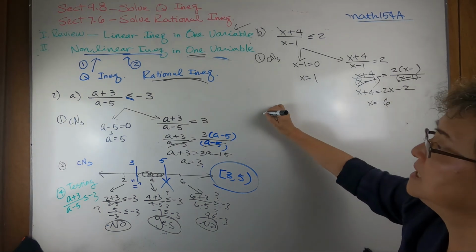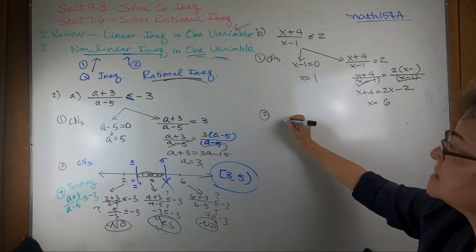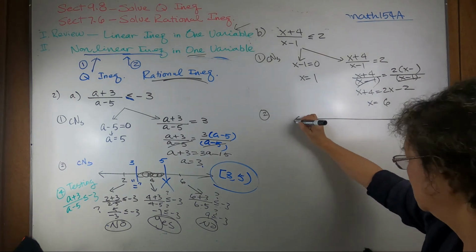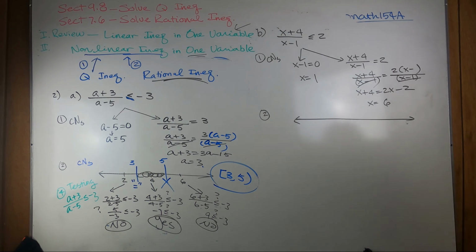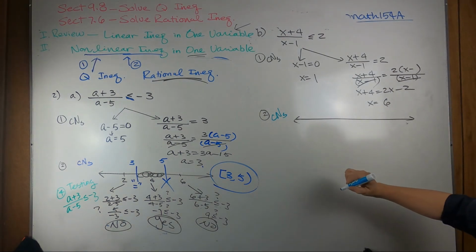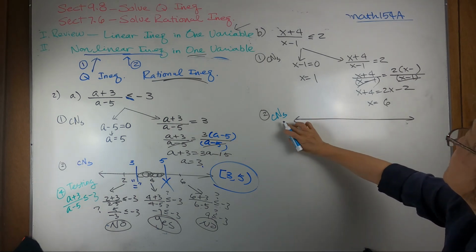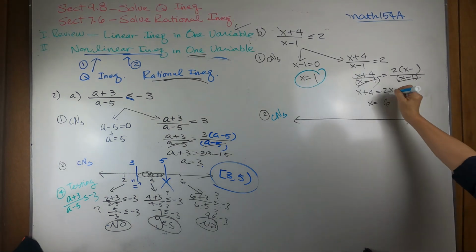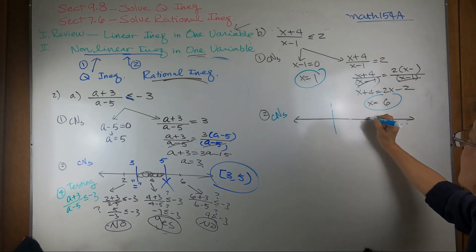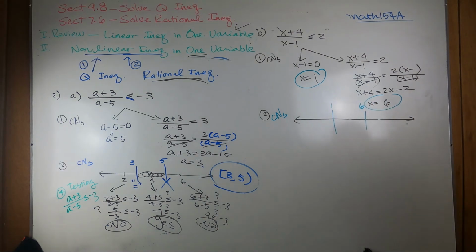Okay, then what do we do? Second step, we use the line graph to split into the 3 regions. So our critical numbers are 1 and 6. I have 1 here, I have 6 here.